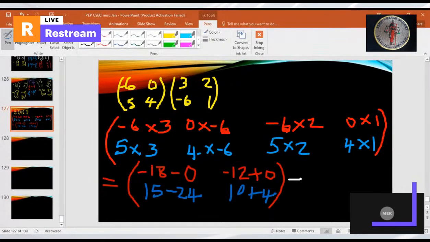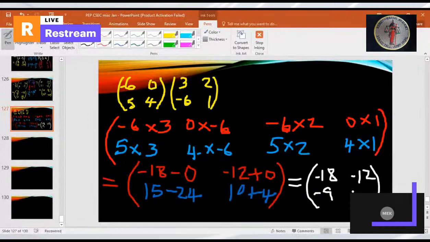All right, so the smallest bracket now, we're going to end up with a 2 by 2 matrix. So when you multiply a 2 by 2 matrix times a 2 by 2 matrix, you end up with another 2 by 2 matrix. So it's negative 18 minus 0, which is negative 18. Negative 12 plus 0 is negative 12. 15 minus 24 is negative 9.